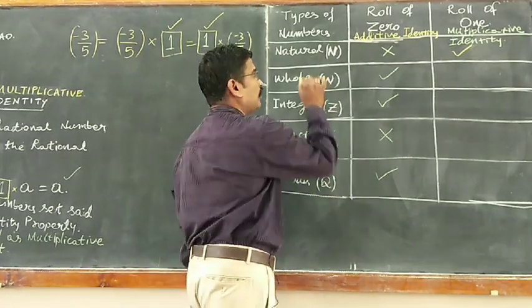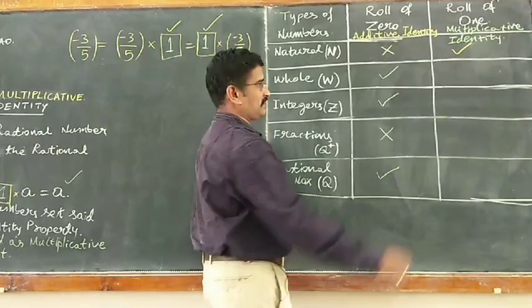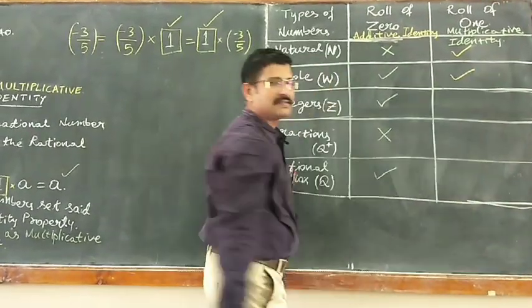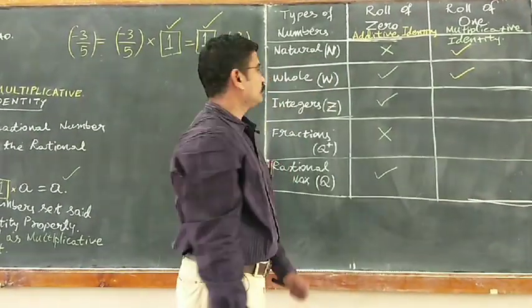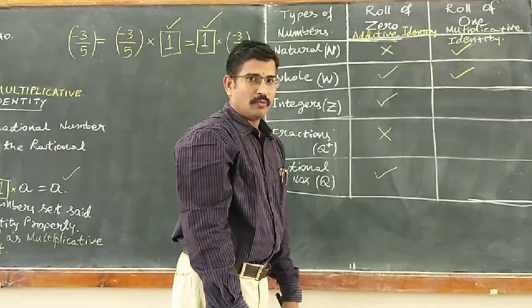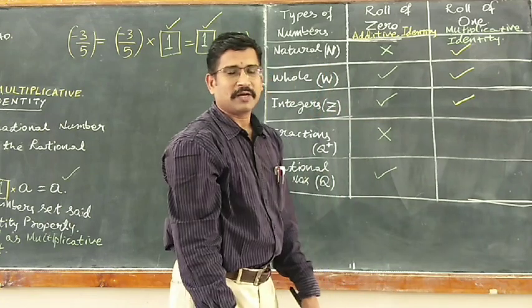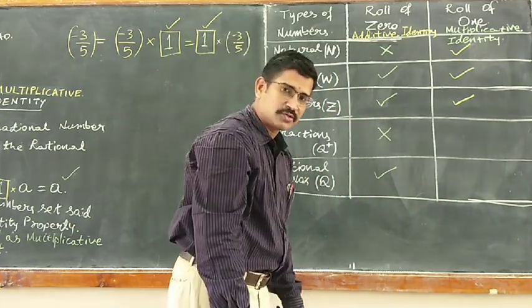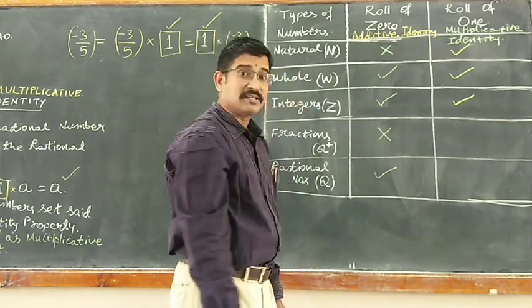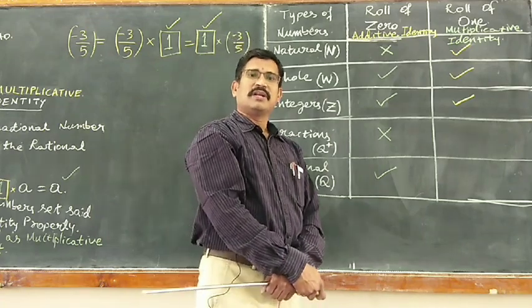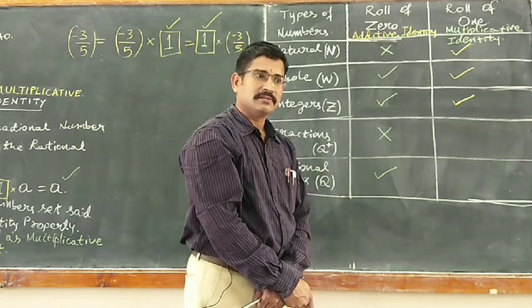Next, for whole numbers, yes, 1 is part of whole numbers, it is true. For integers, 1 is part of integers, therefore, multiplicative identity property for integers is true. For fractions now, is 1 a part of fractions? Yes.